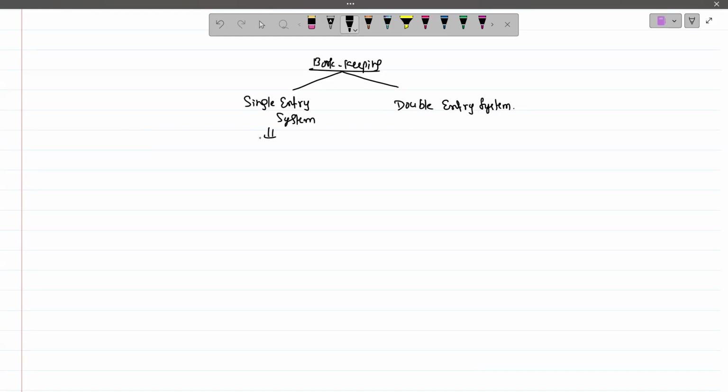So they maintain only a few transactions which are required by them.